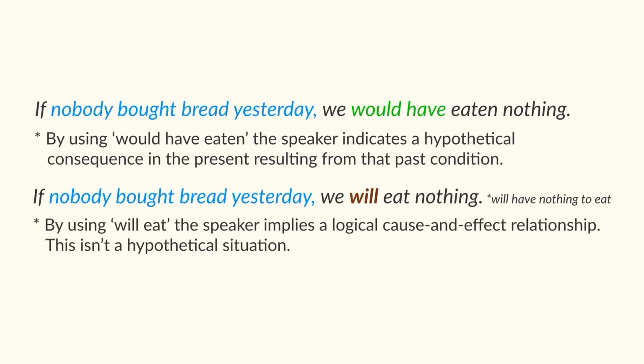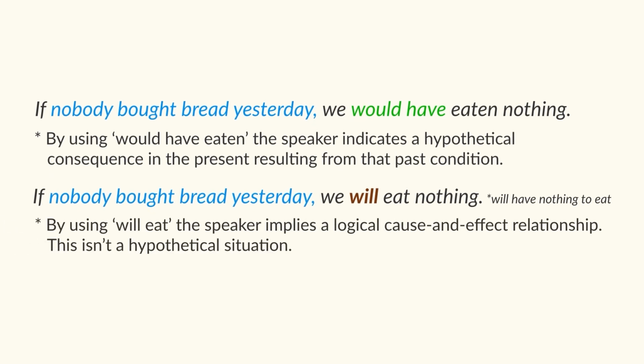On the contrary, by using will eat in the second sentence, the speaker implies a logical cause and effect relationship, where the lack of bread yesterday directly influences the outcome of not eating anything in the future. This isn't a hypothetical situation.